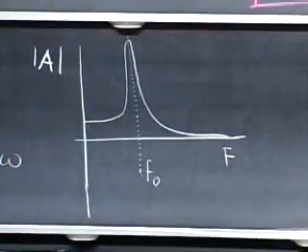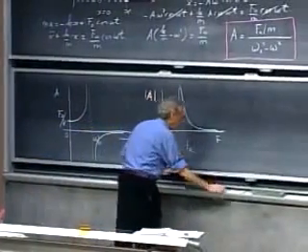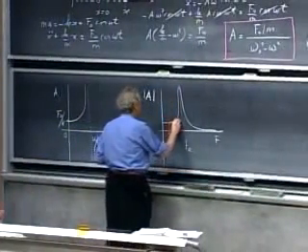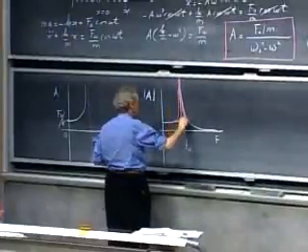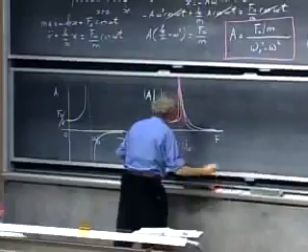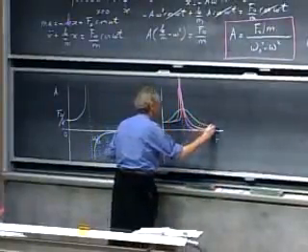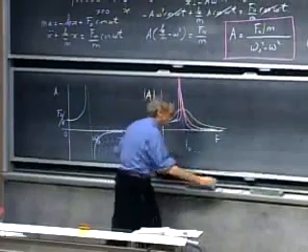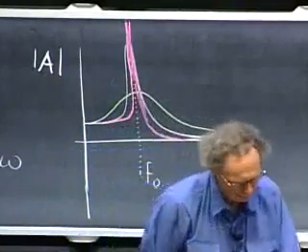And depending upon how much damping there is, this curve would look either very narrow and very spiky, goes very, very high, then there is very little damping, or if there is a lot of damping in the system, it's more like this. So the narrower this, we call this the resonance curve, the narrower that is, the less damping there is.